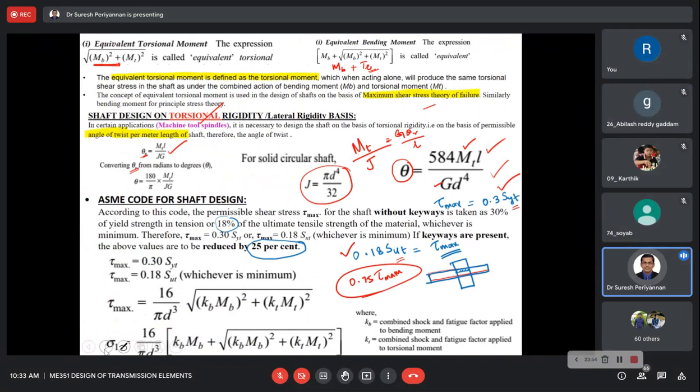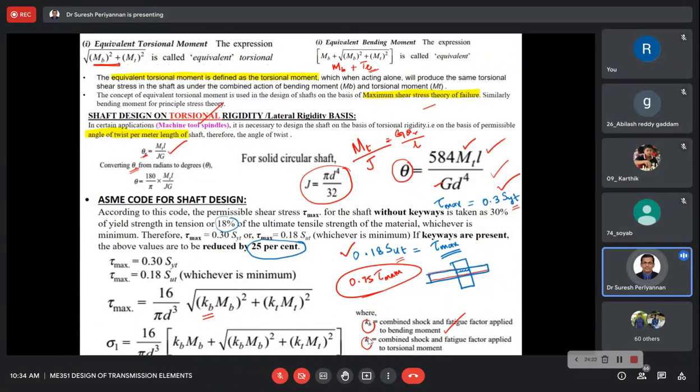Then we are using this multiplication factor here. See here, KB is a combined shock and fatigue factor applied to the bending moment. KT is nothing but a shock and fatigue factor applied to the torsion moment. That's what I'm telling here.